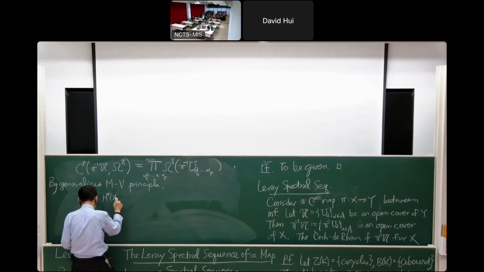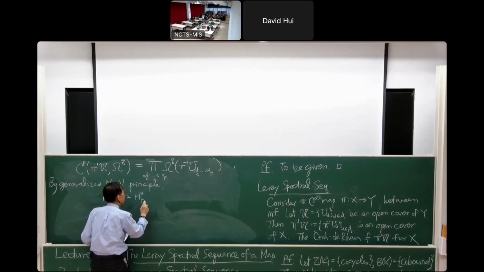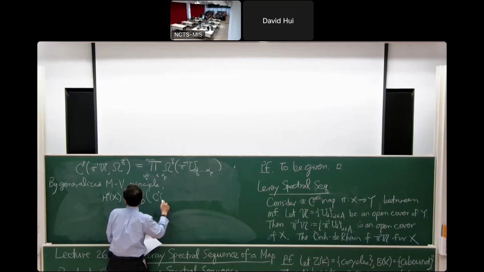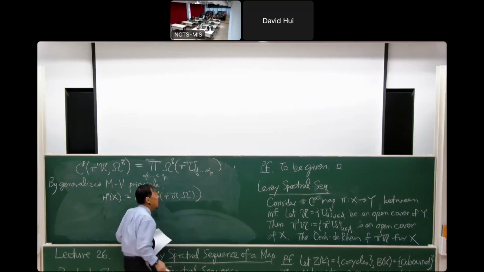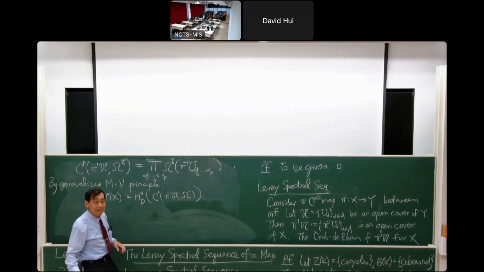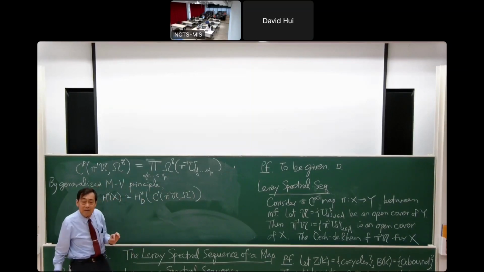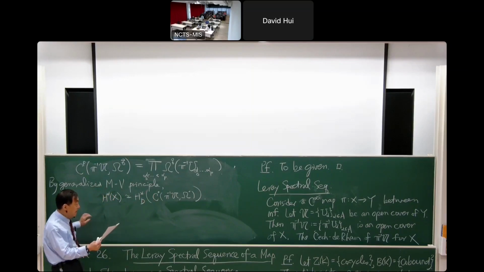The cohomology of X is isomorphic to the cohomology of the Cech-de Rham complex. Here this dot means the same thing as the star. I just don't want to write too many stars.